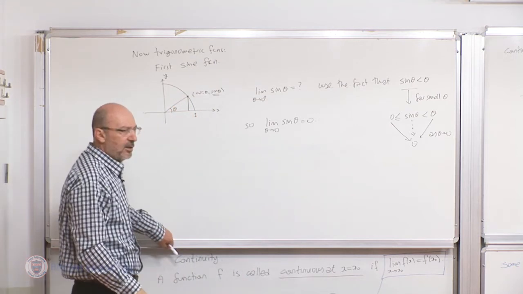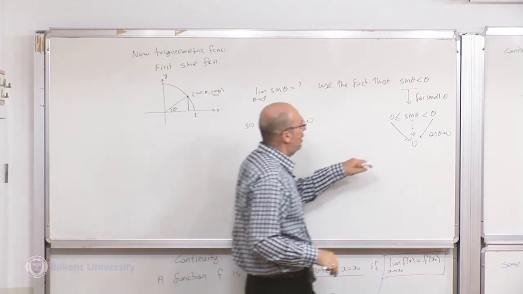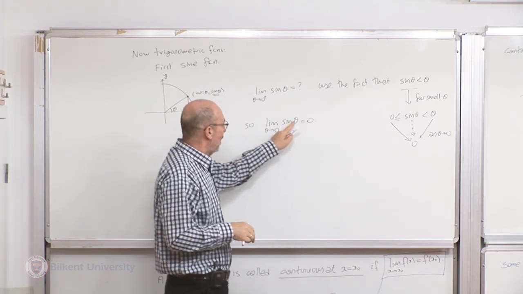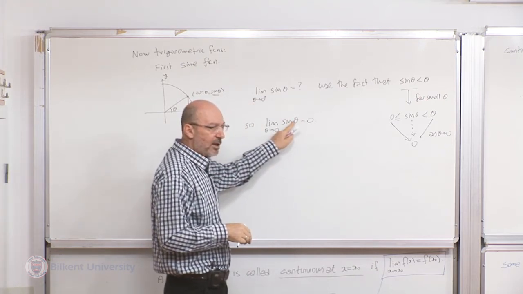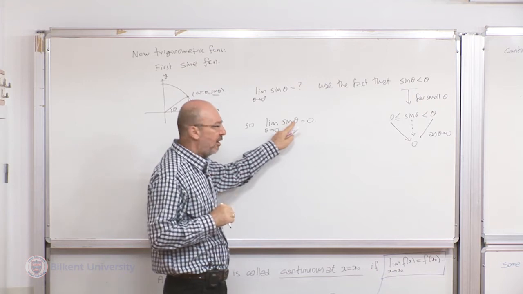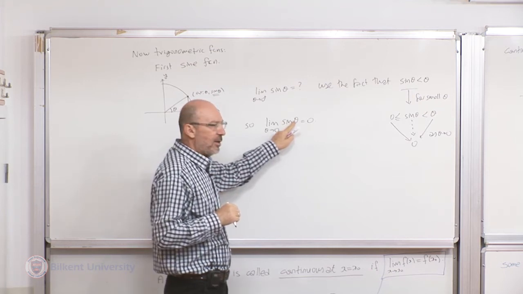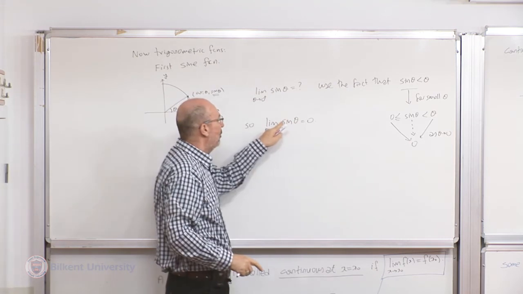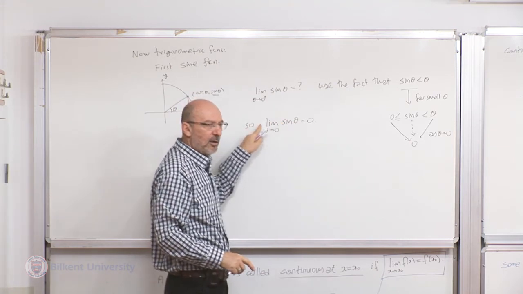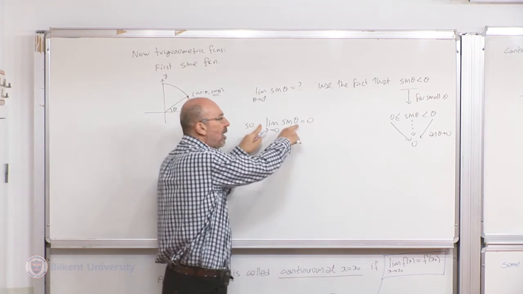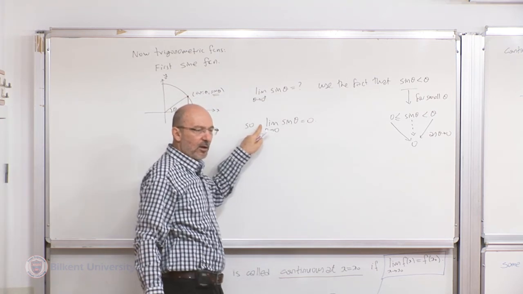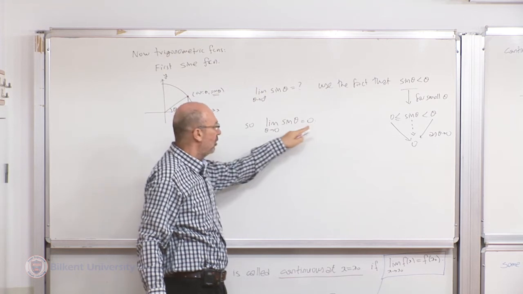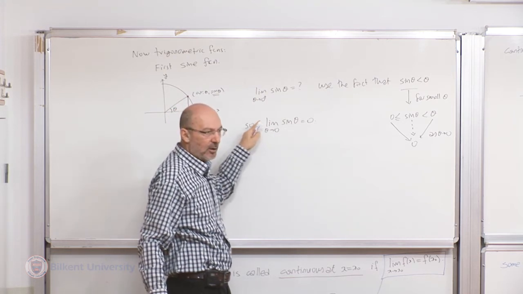Now, if theta is negative, then I'll put minus theta here and choose a positive theta. Sine of minus theta is minus sine theta with theta positive. Minus sine comes out of the limit operation. So I'm again calculating sine theta with positive theta as theta goes to 0. It is 0, and I keep this minus 1 here.